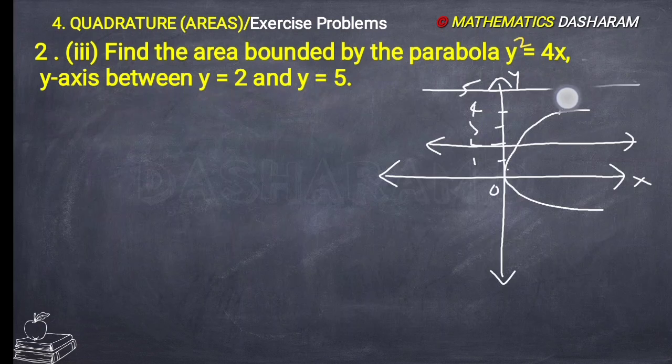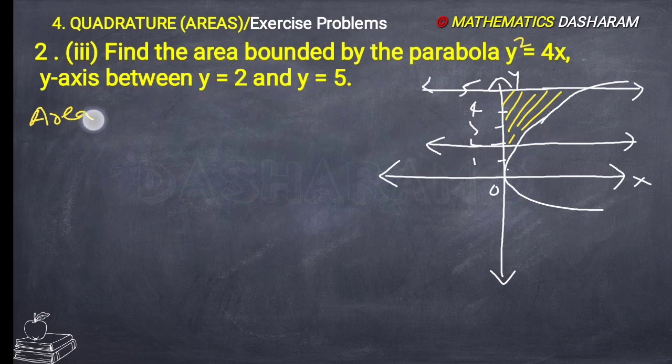So better let's extend this graph. Okay, so let us shade this portion. This is the area we have to find out. So to find this area, area equals the integration from 2 to 5 of x dy.